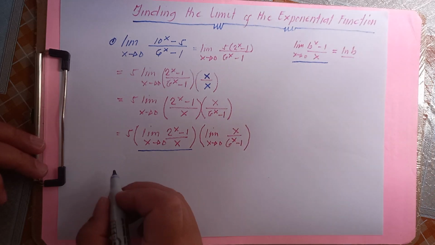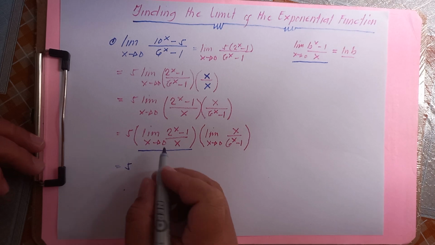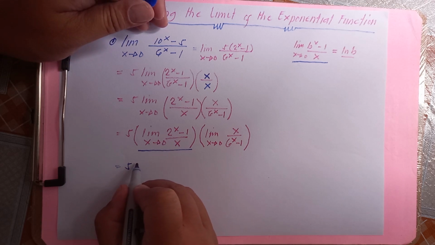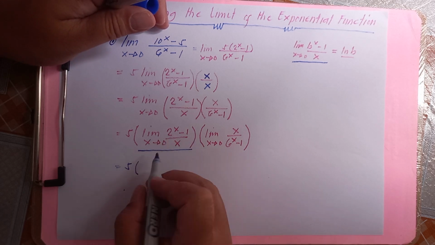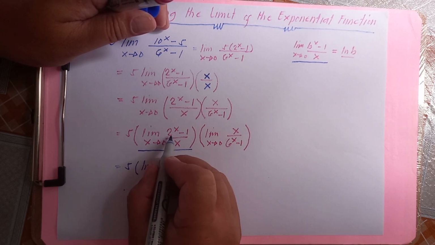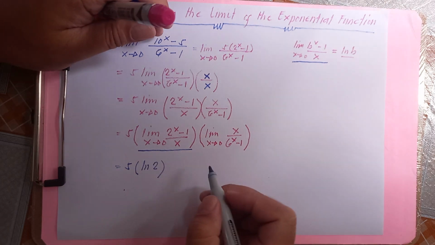So with that, we can say now that when we write this, this is the same as 5 multiplied by the natural log of, what is our b? 2. Okay, so that is the result.